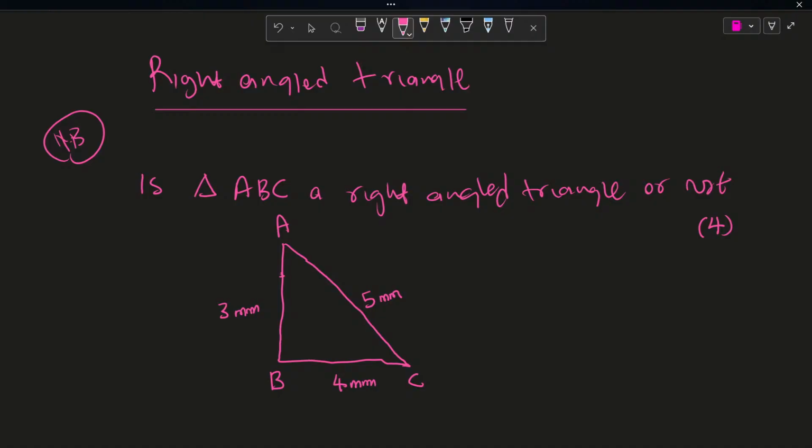Now, the question is, is triangle ABC a right angle triangle or not? Yes or no? Try.